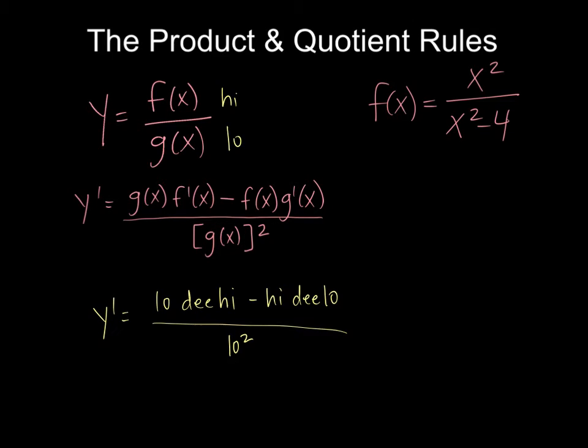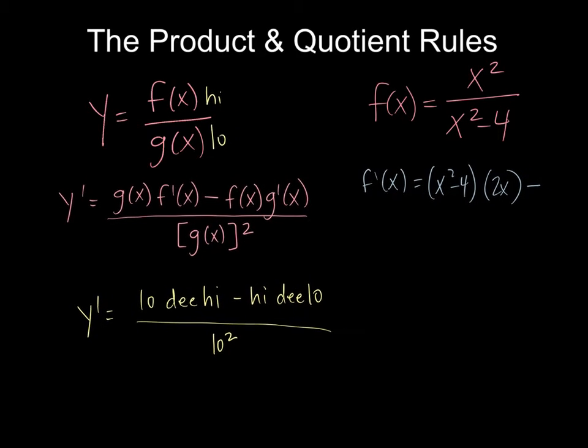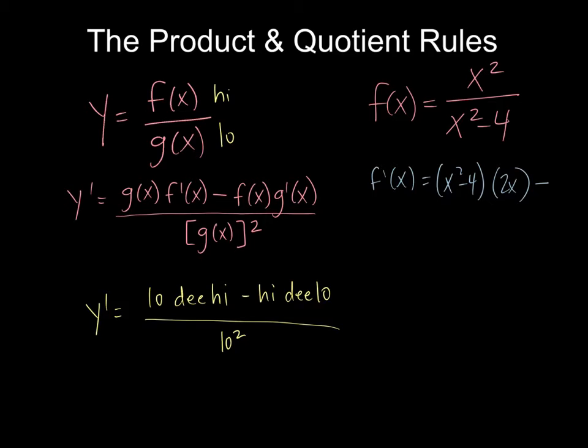The derivative of x squared over x squared minus 4 is the bottom times derivative of the top, which is 2x, minus the top, which is x squared, times the derivative of the bottom, which is 2x, all over the bottom squared.